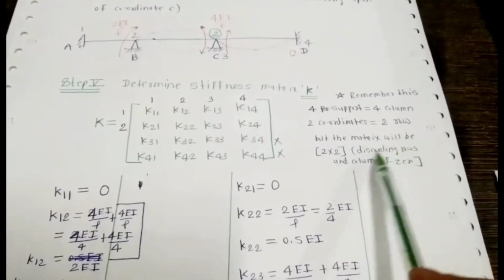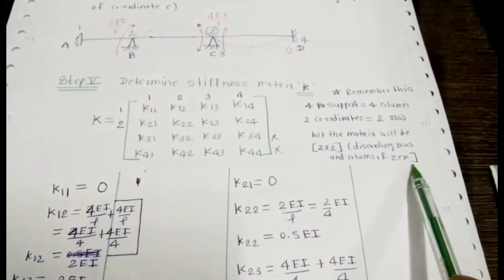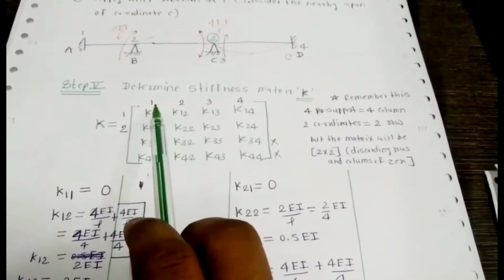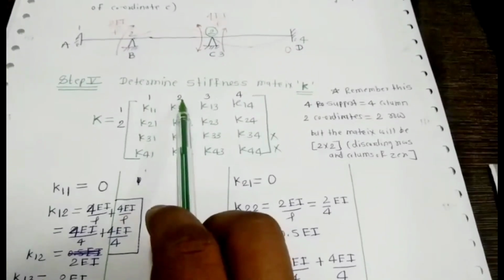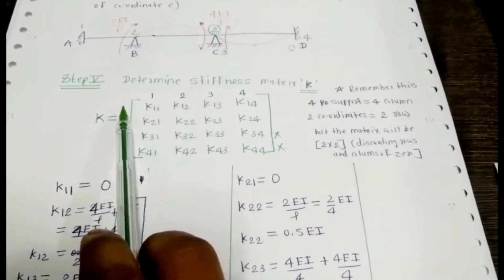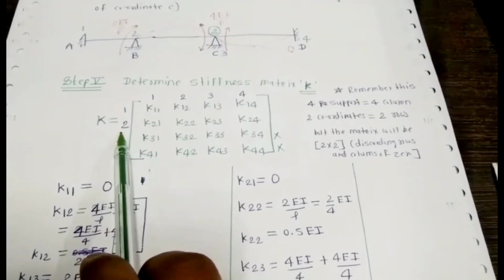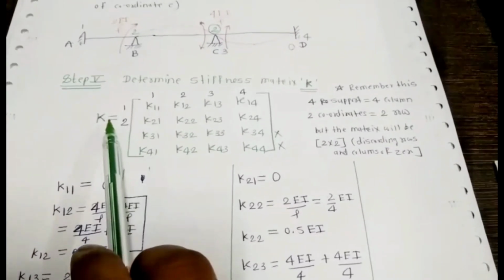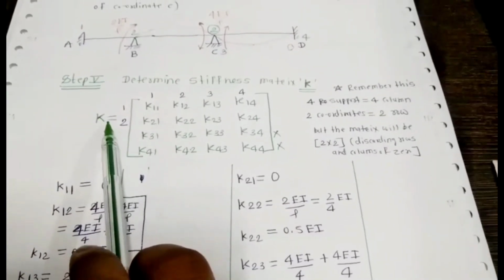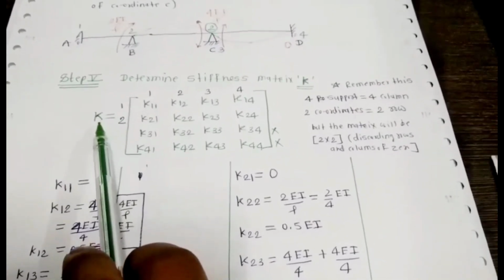But the net matrix, after deleting the rows and columns of 0 elements, will be a 2 by 2 matrix.